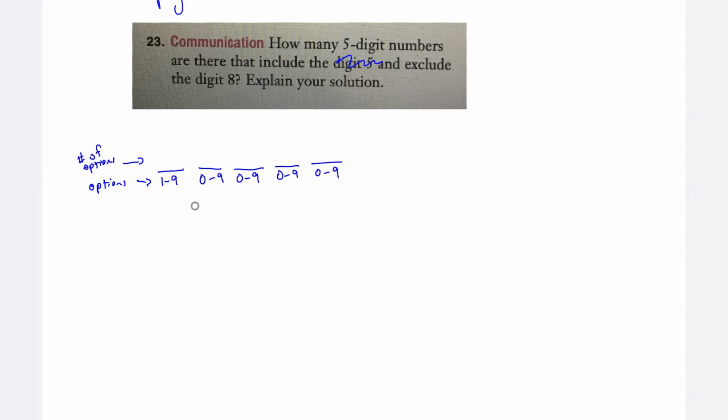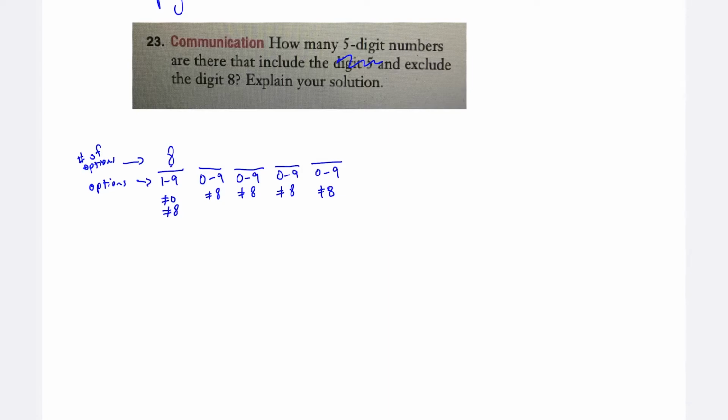I'm going to short form this. So right here, cannot equal 0. And we also know that none of these can equal an 8. So each of these cannot equal 8. The first spot could be a 1, 2, 3, 4, 5, 6, 7, or 9, so there would be 8 options here.